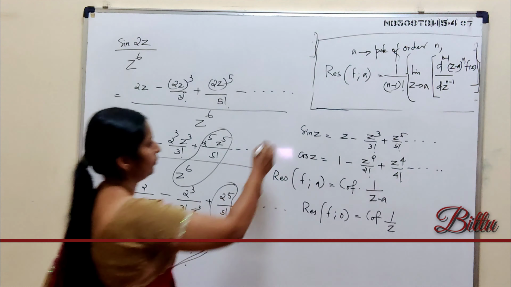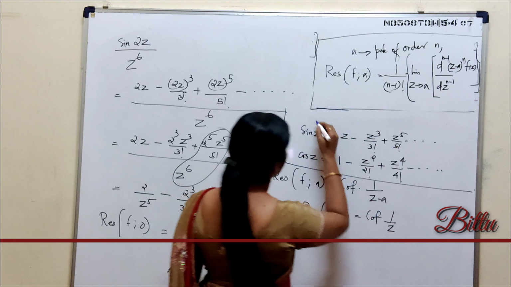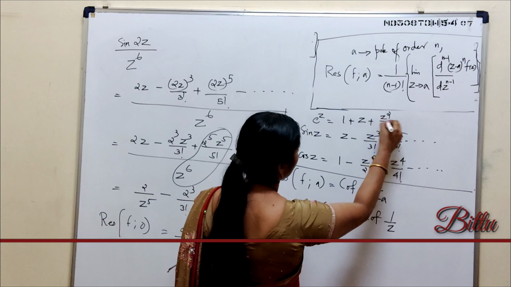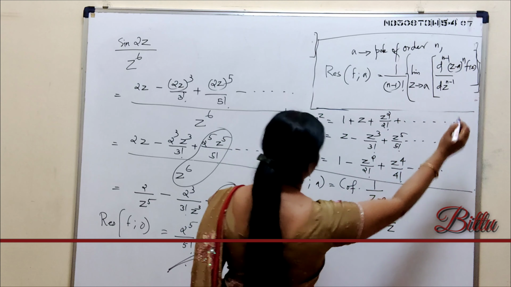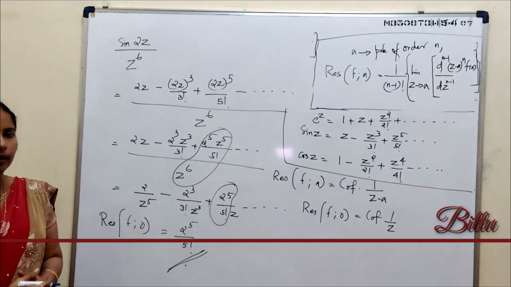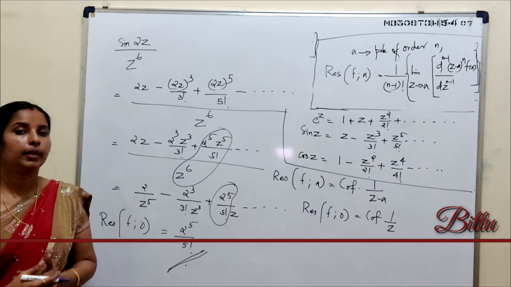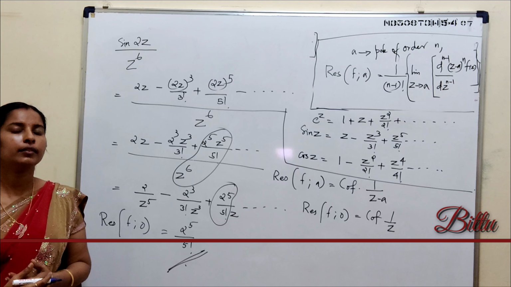Those results are, see, these are the results. e raised to z is 1 plus z plus z square by 2 factorial plus etc. You can find these series expansions by using Maclaurin series, which you have studied in your 4th module.